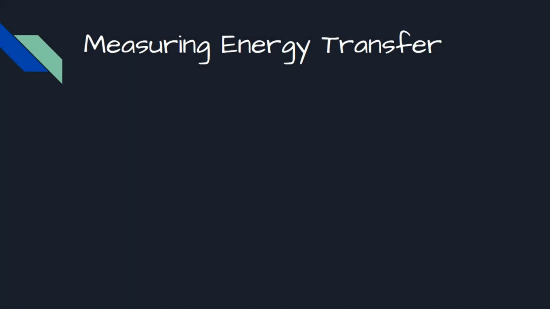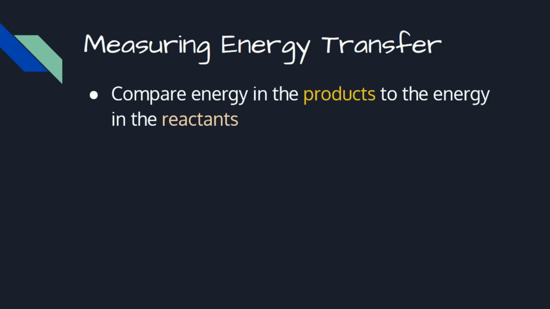All right, now since we're looking at heat, and heat is the transfer of energy from one object to the next, an object of higher temperature to an object of lower temperature, what we're really doing is comparing the energy in the products to the energy in the reactants. Do the products have more energy or less energy?